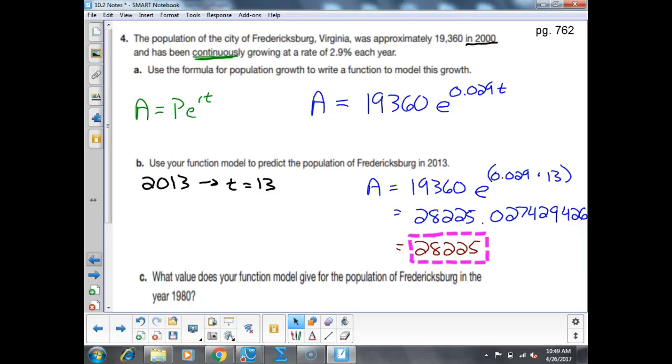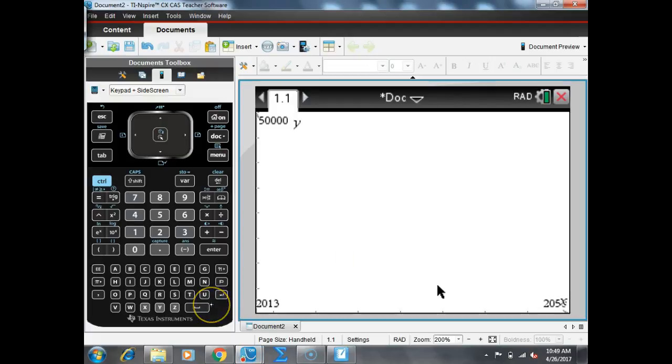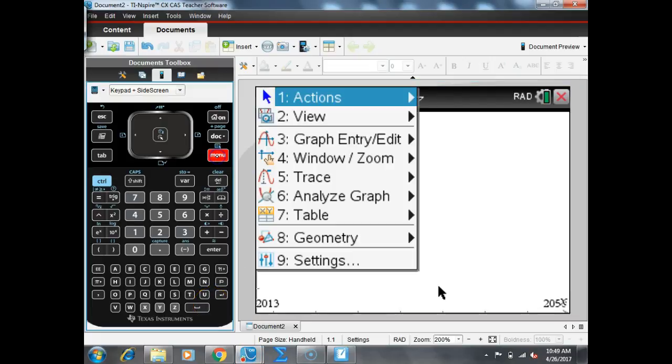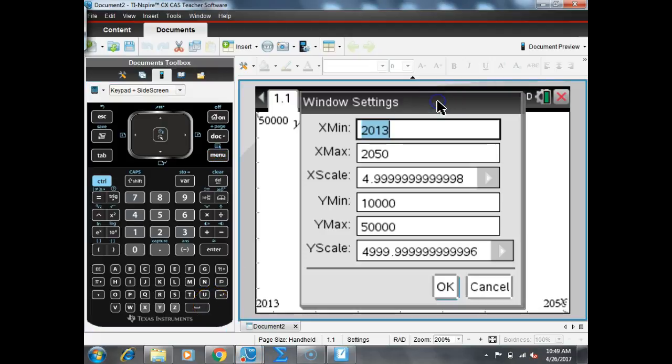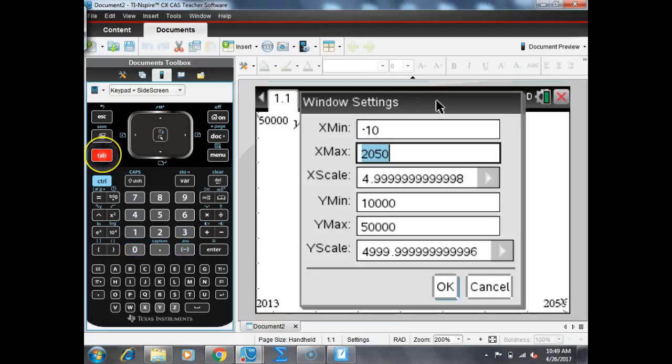So we've got to go back here now and readjust our windows. I'm going to go back to -10. I liked that one. What do we want to go out to? 50? 30? Let's cut it in half. We'll go 40.